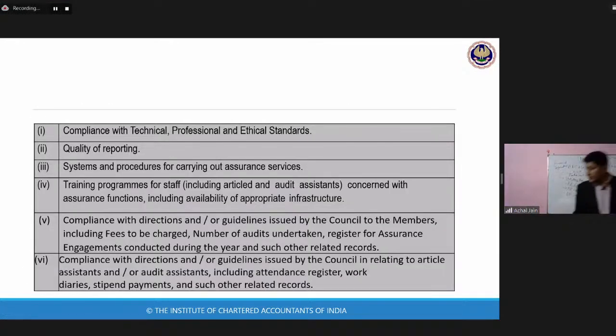Yes, all of these points you can just check. What is it that the peer reviewer will cover? The reviewer shall cover compliance with technical, professional, and ethical standards. One, first and foremost, quality of reporting, meaning the final reporting which would have gone out, in terms of its quality, whether once again it was in line with the reporting standards or not.